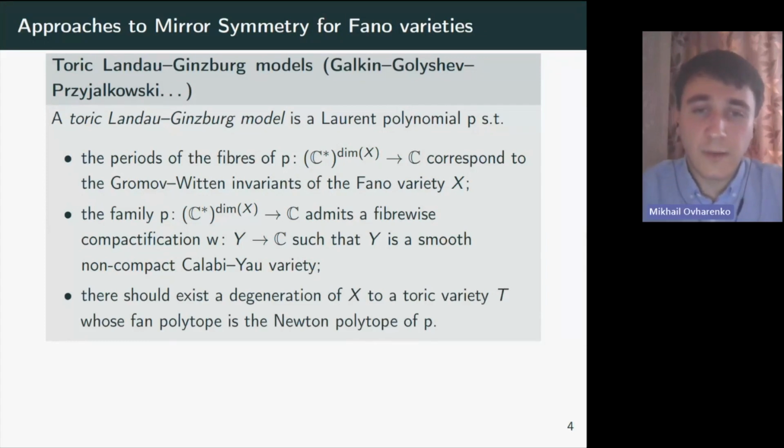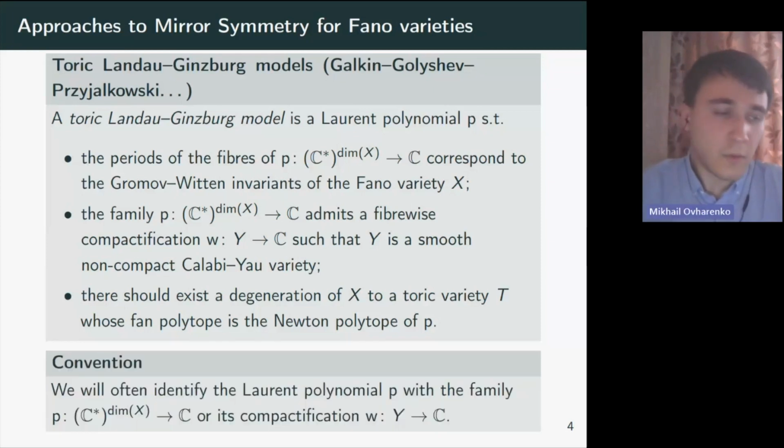And thirdly, there should exist a toric degeneration of our Fano variety such that its fan polytope is precisely the Newton polytope of our original Laurent polynomial. And we will use a little abuse of notation.